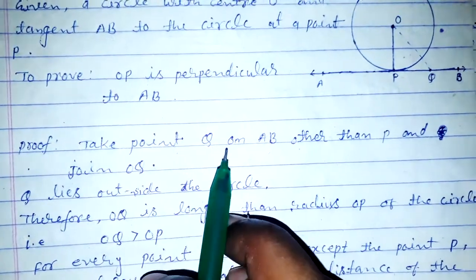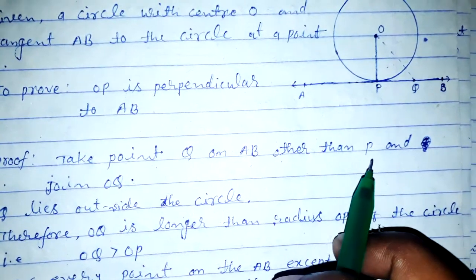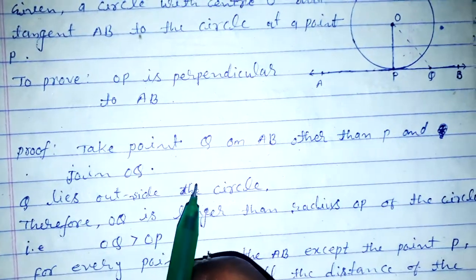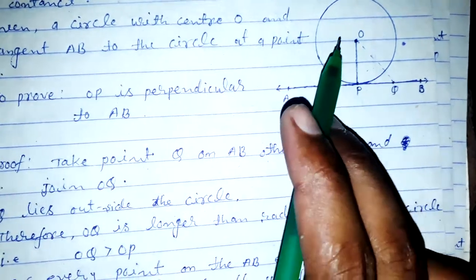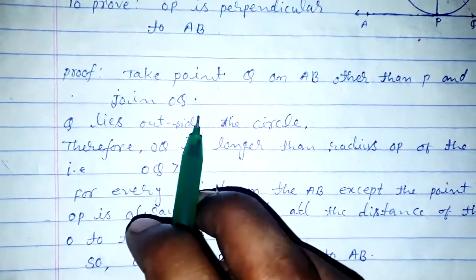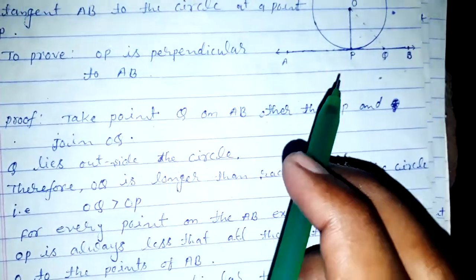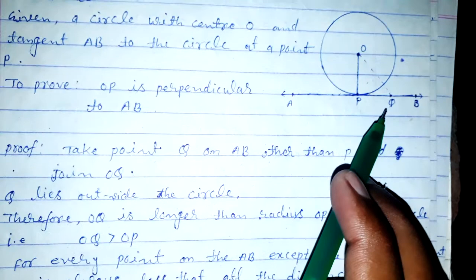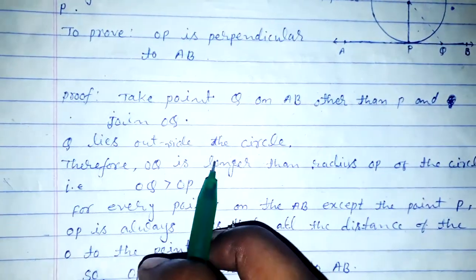Proof. Take a point Q on AB other than P, and join OQ. Q lies outside the circle. Here Q is outside the circle in the figure.